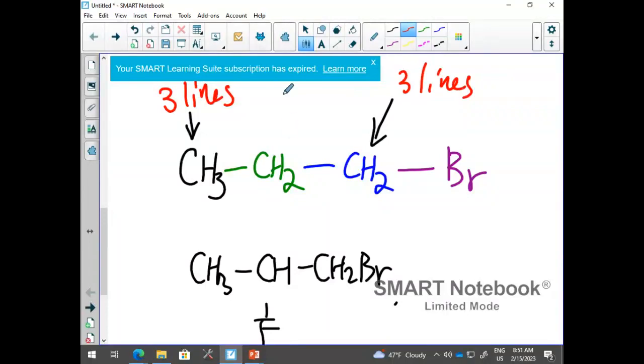How many lines this one splits into is a very complicated situation. The 3 methyl protons split it into 3 plus 1, and the 2 blue protons split it into 2 plus 1. So this signal could split into up to 12 lines.